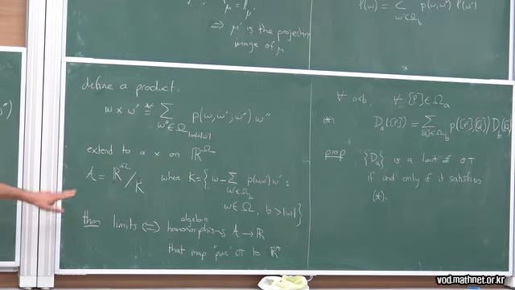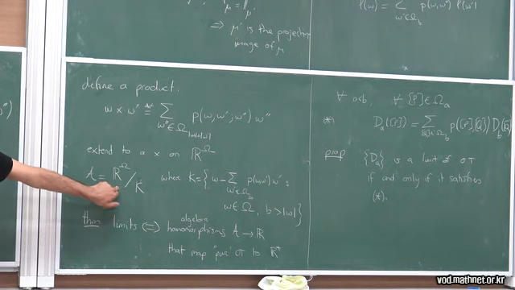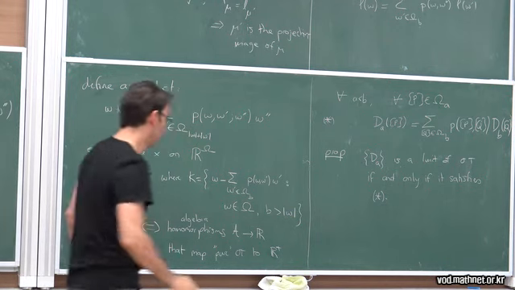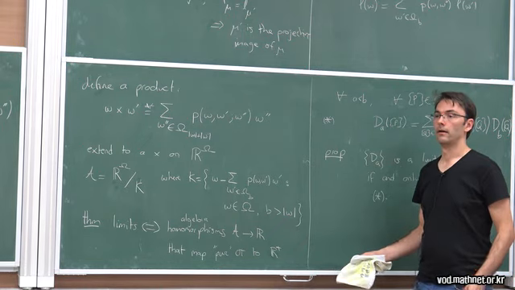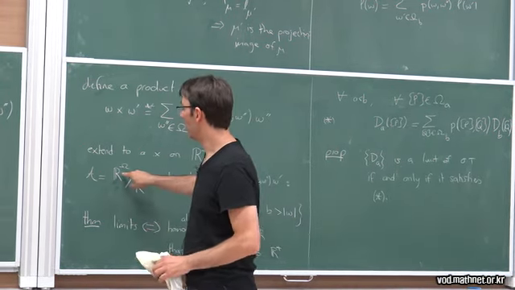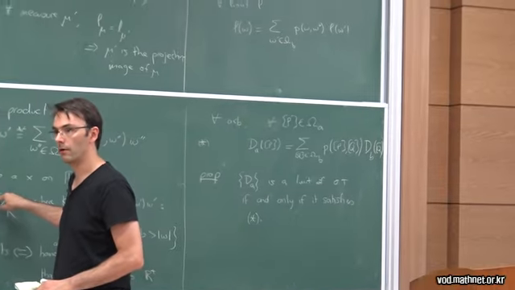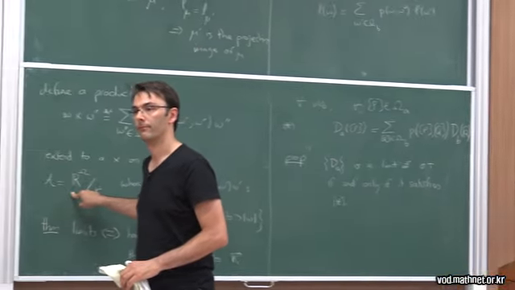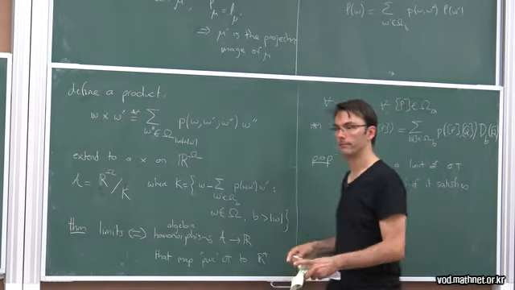In this space, some elements are of the form one order type, for which the coefficient is 1 and everything else is 0. Those are the pure order types. What is R to the omega here? It's all formal sums of order types where the coefficients are in R.